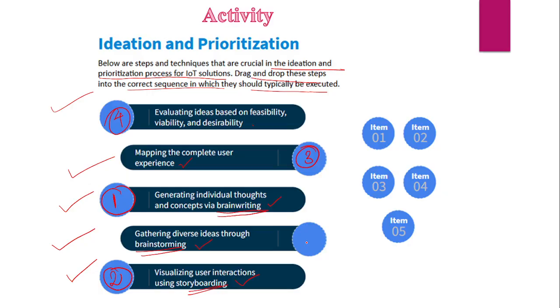You have to pool the ideas with your groups and you may get which is feasible, viable or desirable. This is step number 5. So this is the way we arranged the crucial steps in the ideation and prioritization process for IoT solutions.